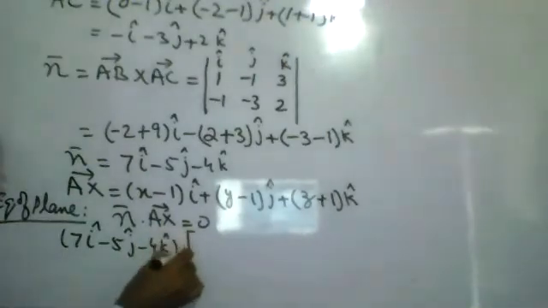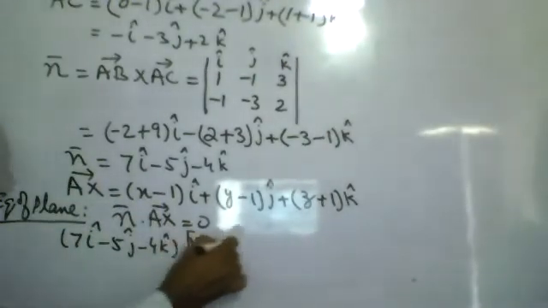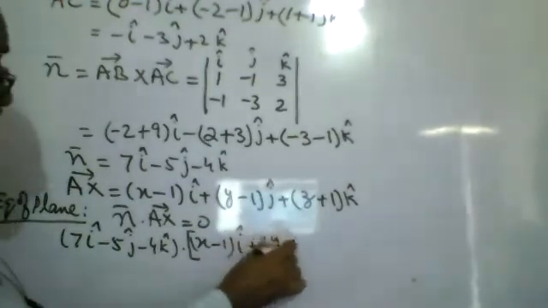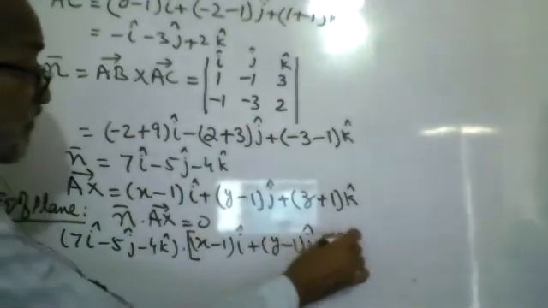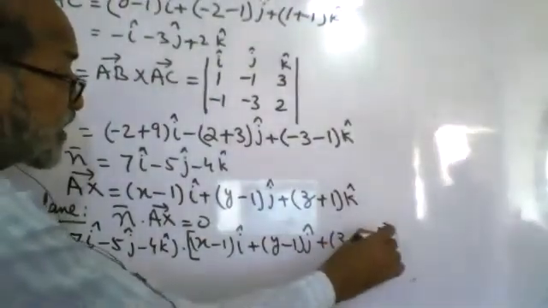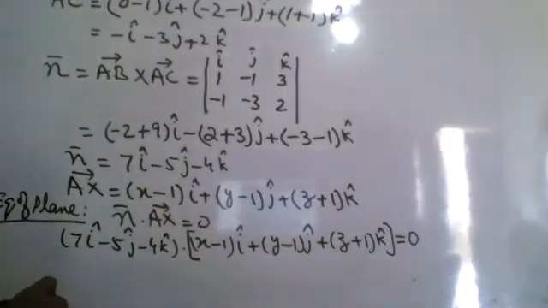Dot AX: (x minus 1)i plus (y minus 1)j plus (z plus 1)k, bracket close, equal to 0.